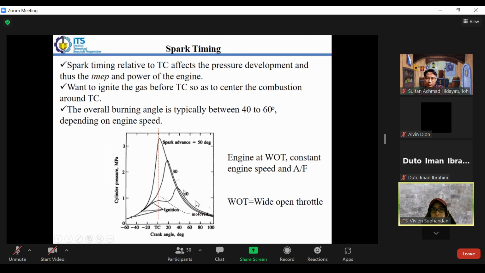For example, here we start at about 10 degrees before it reaches the top dead center. It can also be 30 degrees before top dead center, or even up to 50 degrees before. What affects this really depends on the engine size and the speed as well. The overall burning angle, as said before, is between 40 to 60 degrees.